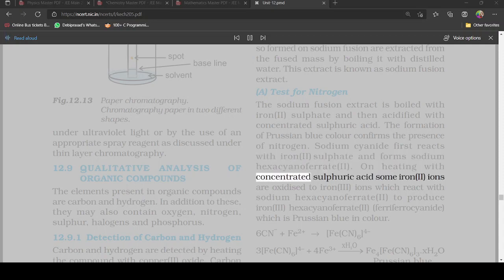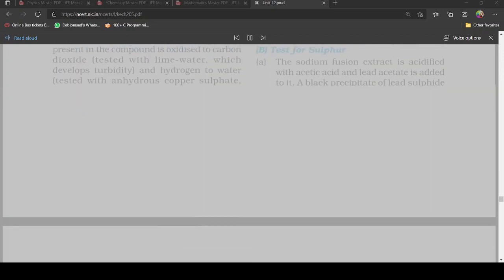On heating with concentrated sulfuric acid, some iron(II) ions are oxidized to iron(III) ions, which react with sodium hexacyanoferrate(II) to produce iron(III) hexacyanoferrate(II), ferriferrocyanide, which is Prussian blue in color. 6CN⁻ + Fe²⁺ → [Fe(CN)6]⁴⁻; 3[Fe(CN)6]⁴⁻ + 4Fe³⁺ → Fe4[Fe(CN)6]3.xH2O, Prussian blue.